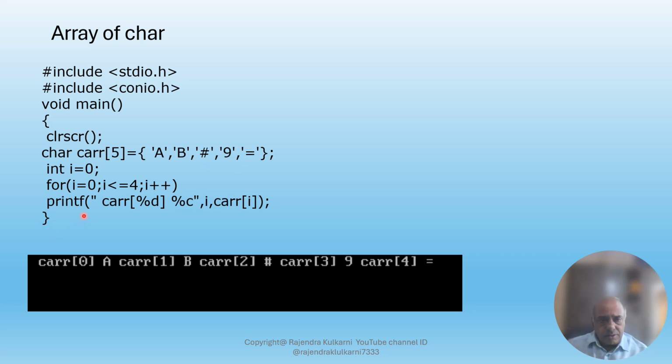And when I have to access the array elements and display them, I use a loop: for I is equal to 0, I less than 4, I plus plus, and printf with %c, CARR subscript I. So CARR 0 is A, CARR 1 is B. In this way CARR 4 is the sign of equal to.